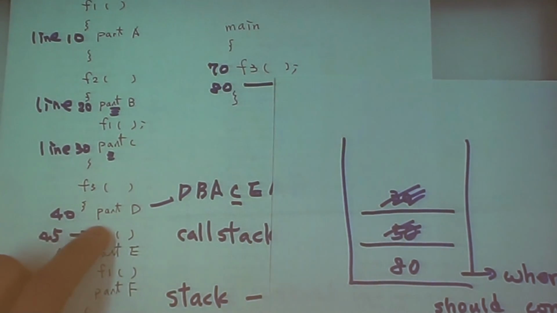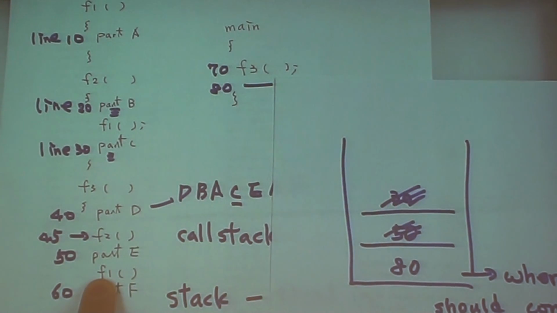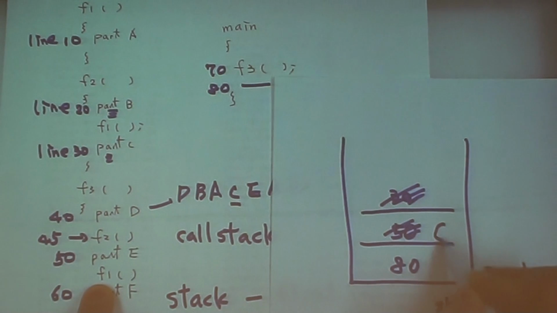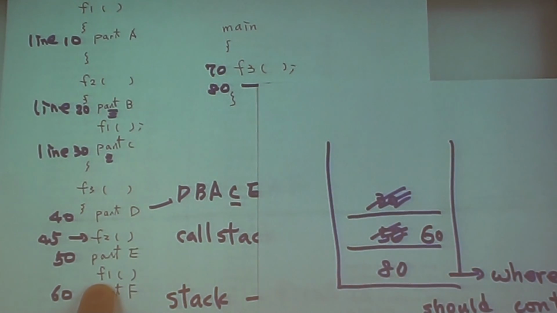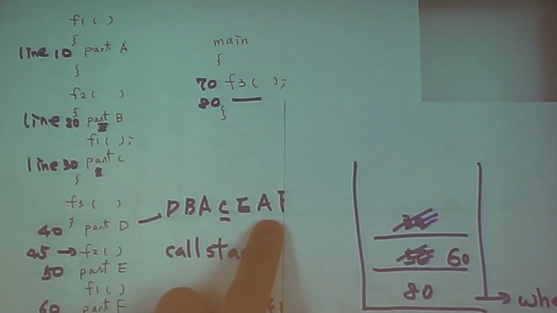So you execute F2 and execute E, then you call function F1. Every time you call a function, the line after the function call will be pushed to a call stack. So now you put 60 there. Remember, 50 is already removed. So you go to function F1, you call A again.